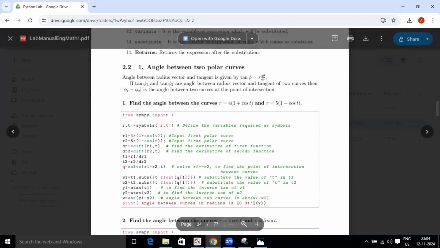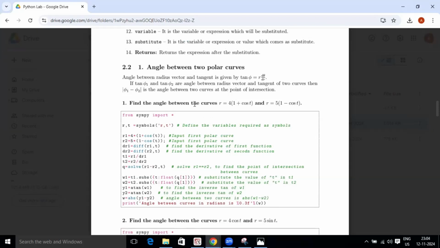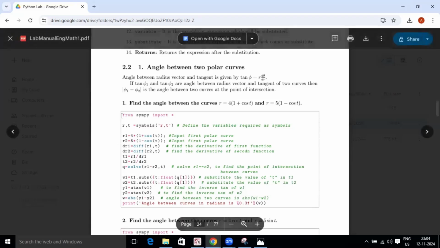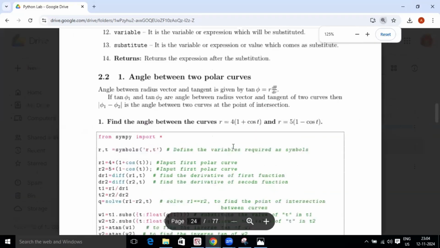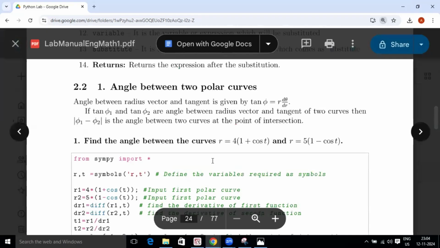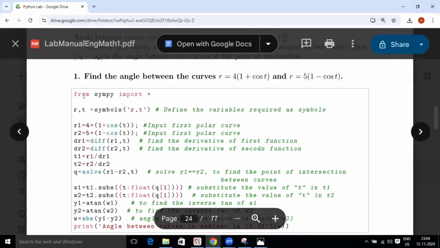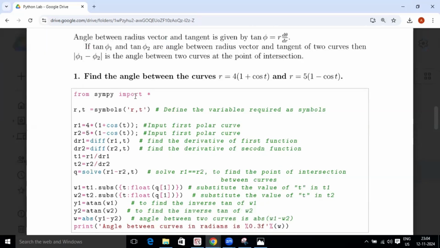So this program finds the angle between the curves r equals 4 of 1 plus cos t and r equals 5 of 1 minus cos t. Here, if I zoom in, you can see the first line: from sympy import.